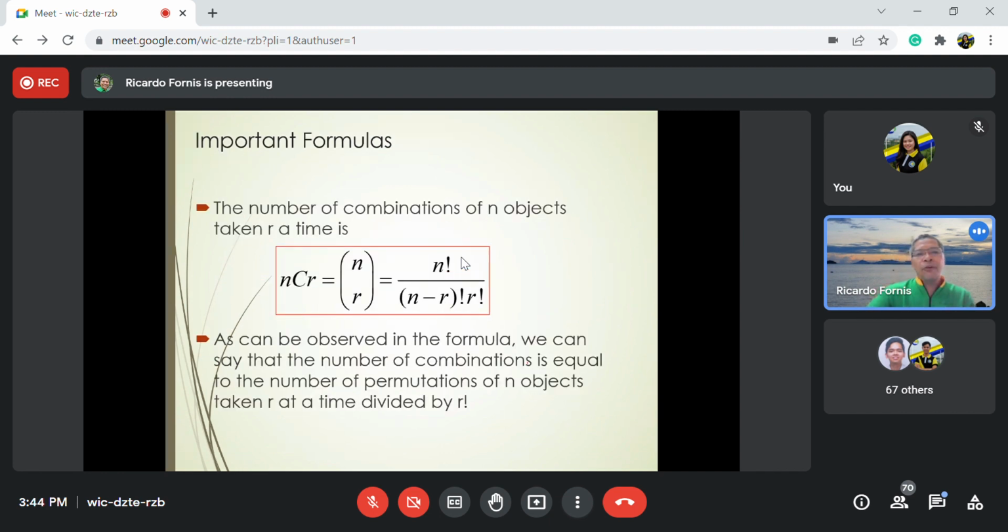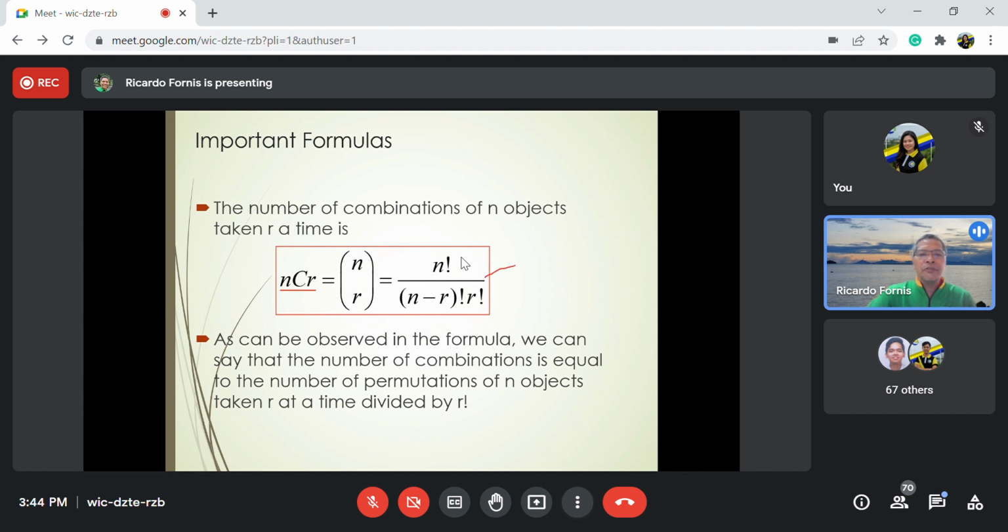The formula for the combination, nCr, is the built-in formula in the calculator, nCr. So nCr, we say n factorial over n minus r factorial, r factorial.